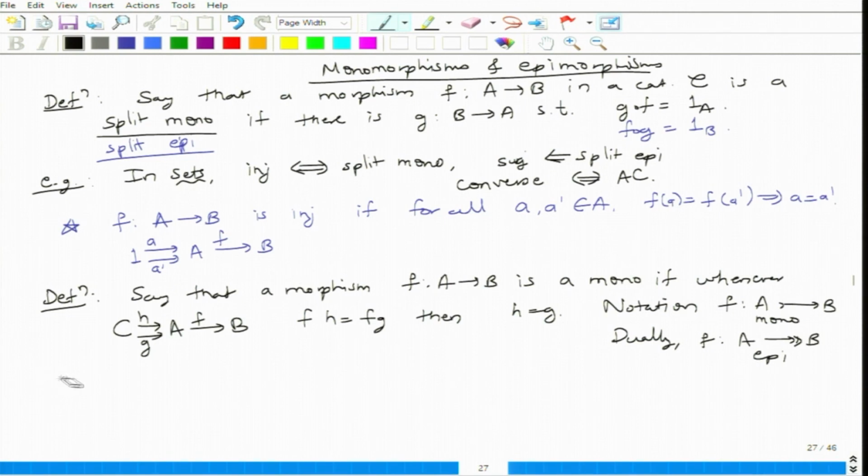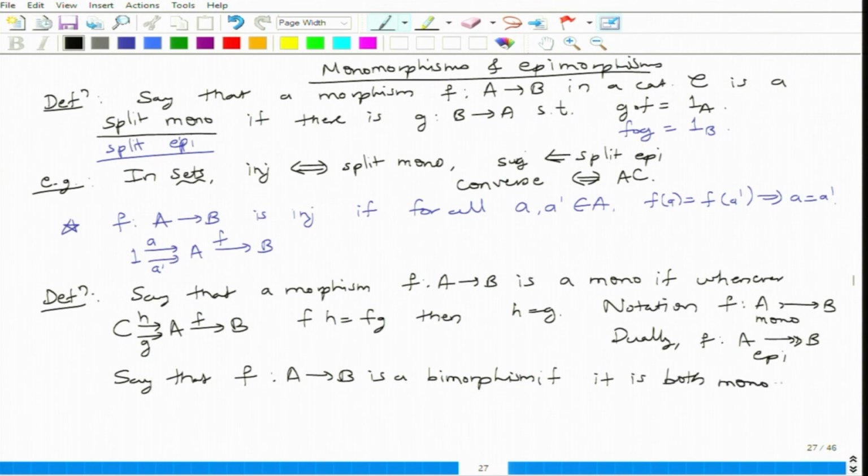Maybe I should also, before starting with examples, say that F from A to B is a bimorphism if it is both mono and epi.